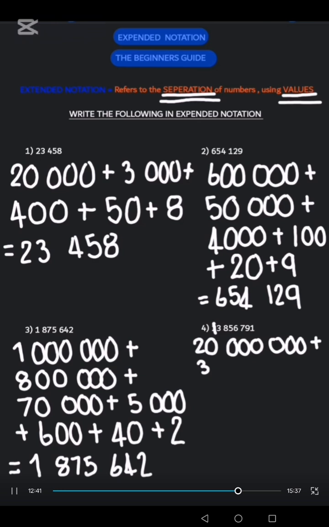Then we look at how many digits are on the right hand side of 3, and we change those numbers to zeros. Okay, then we sketch out the number 3, we add a positive sign, and our next number is 8. Okay, look at how many digits are on the right hand side of 8.